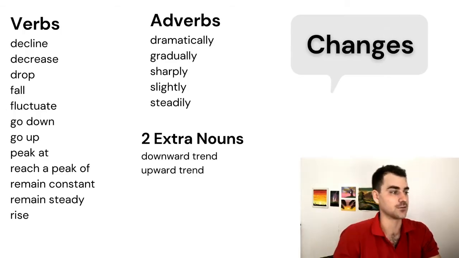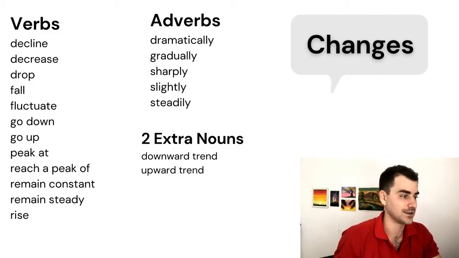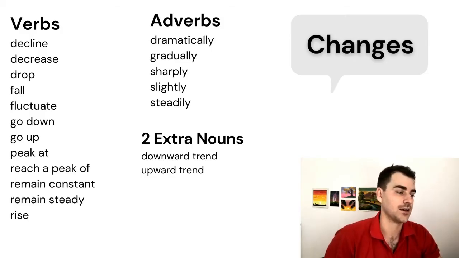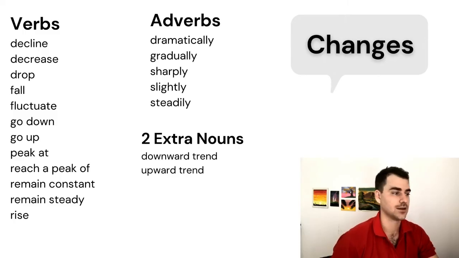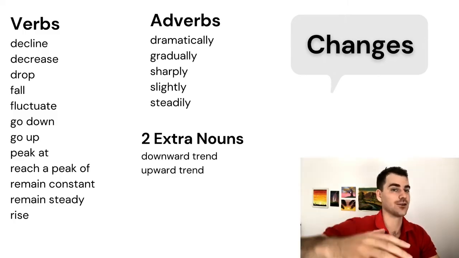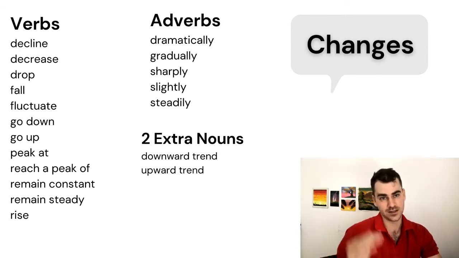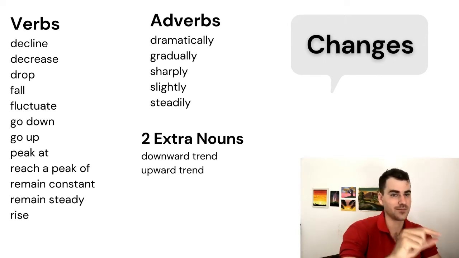Okay, and here are the adverbs: dramatically, gradually, sharply, slightly, steadily. Dramatically means a lot. So if I say the price of oil declined dramatically, it means the price went down a lot. Gradually means a little bit each time.